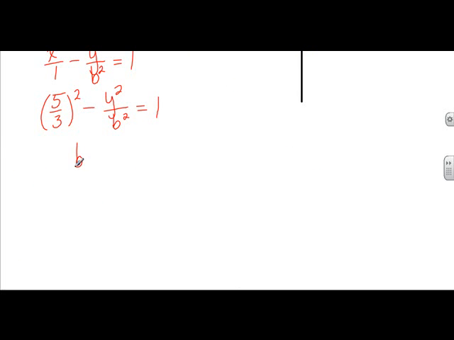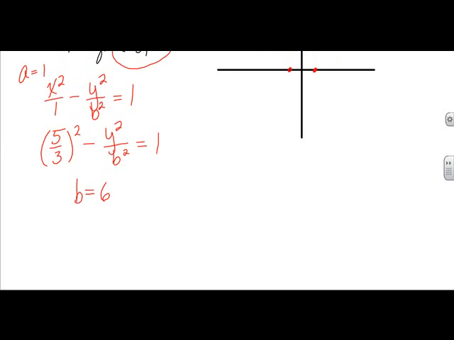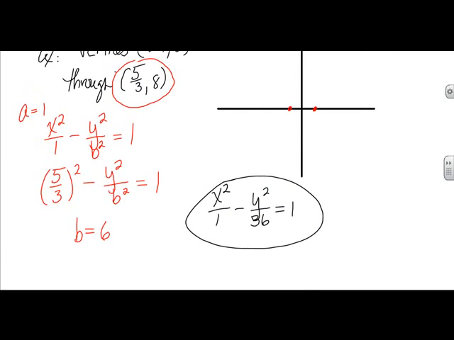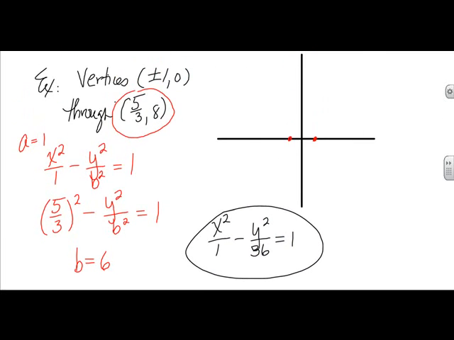But for now, what I know is that our equation would be x squared over 1 minus y squared over 36 equals 1. So that's the equation. The graph then goes up to 6 and down to negative 6. I'm estimating here. This is obviously not exactly accurate.